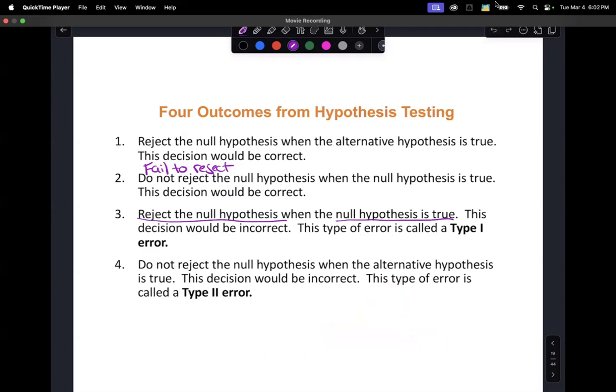Now, as I said, if you sound mildly intelligent while you're doing these, you'll get full credit on it. Can you state what the outside area was called again? Critical region. Yes, critical region.